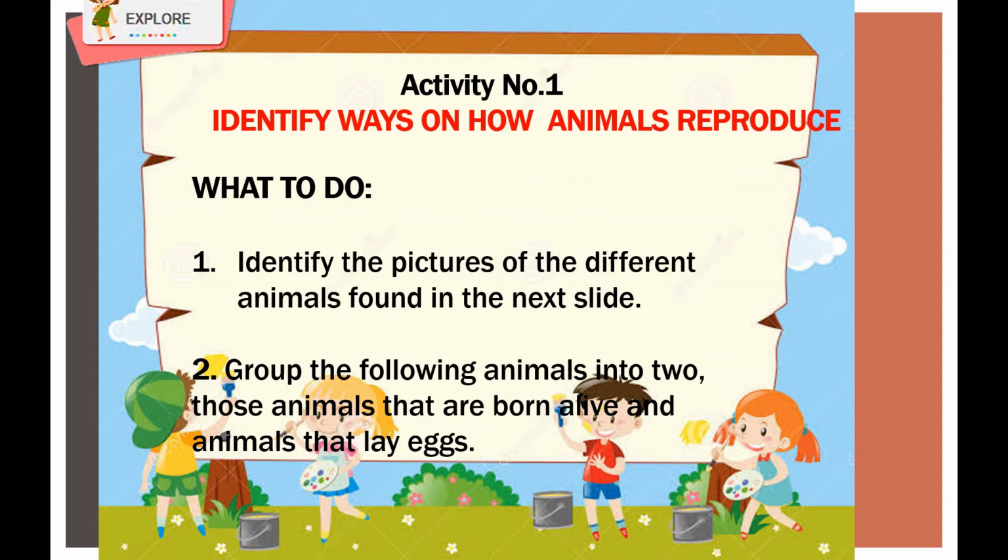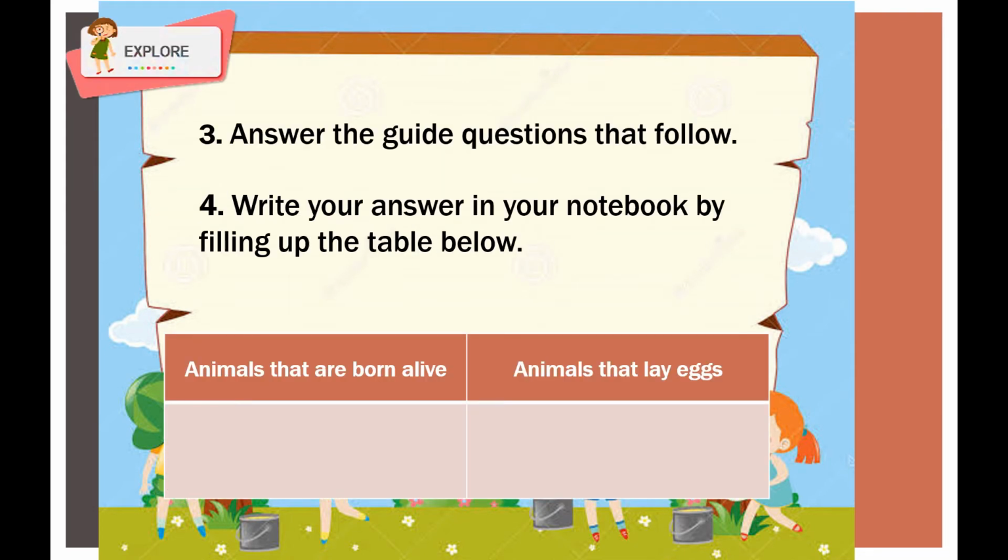Number 2, group the following animals into 2. Those animals that are born alive and animals that lay eggs. Number 3, answer the guide questions that follow. Number 4, write your answer in your notebook by filling up the table below. Animals that are born alive and animals that lay egg.